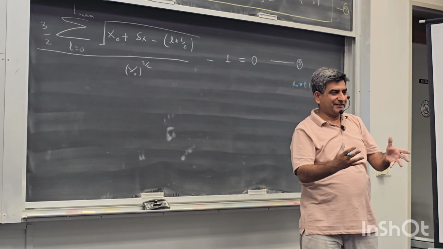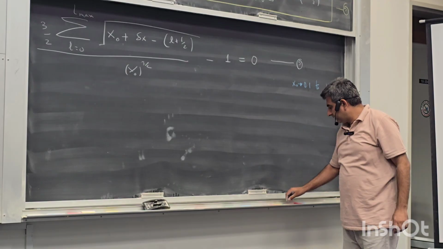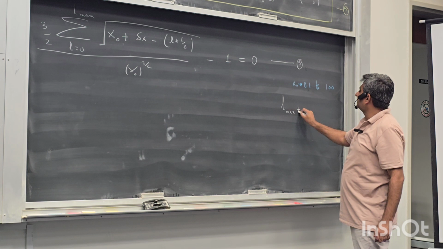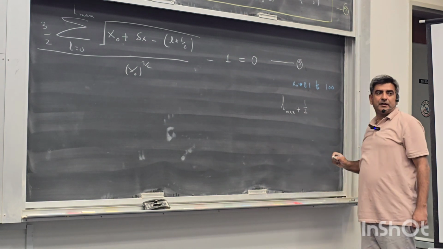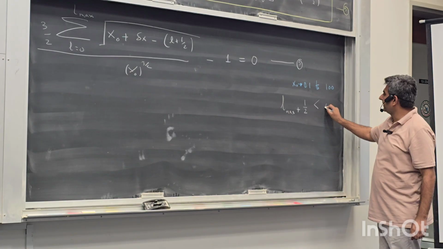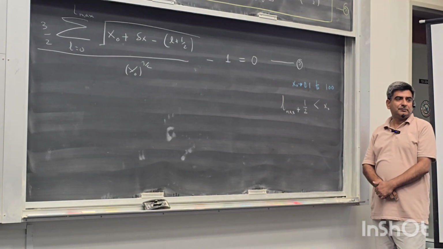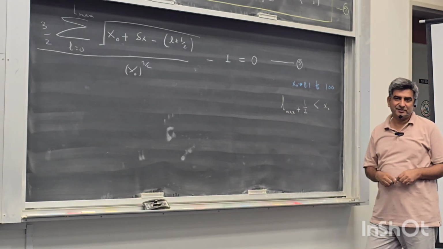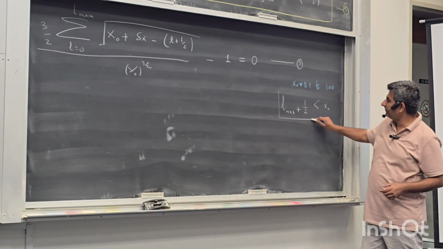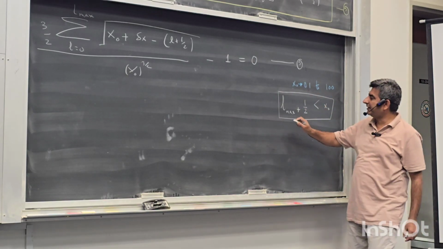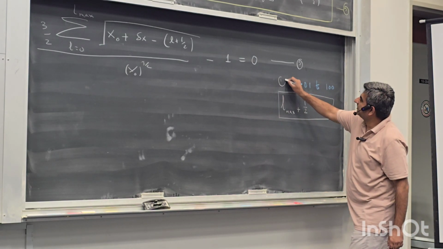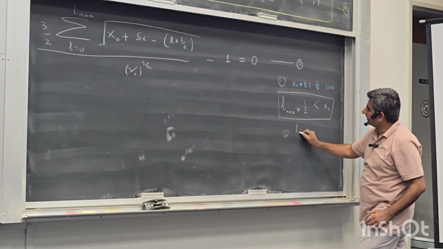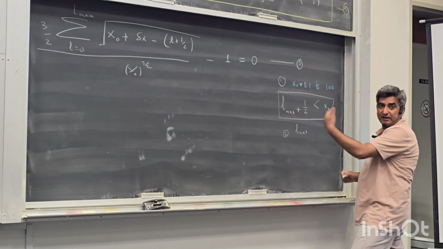And I know what the Fermi energy is. So I find out L max. L max is such that L max plus half is less than x naught, or h bar omega c into this is less than the Fermi energy. This is the constant. So for each x naught, I determine it. The first step is to make an array for x naught. The second step is to make an array of L max. For each x naught, there will be a particular L max.